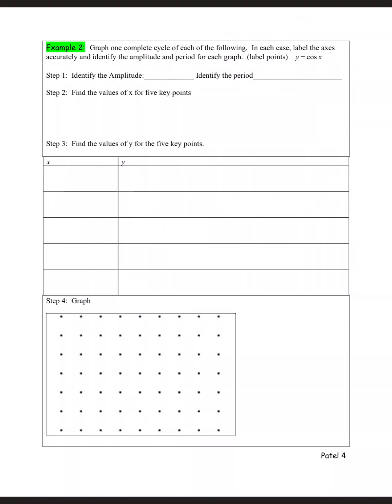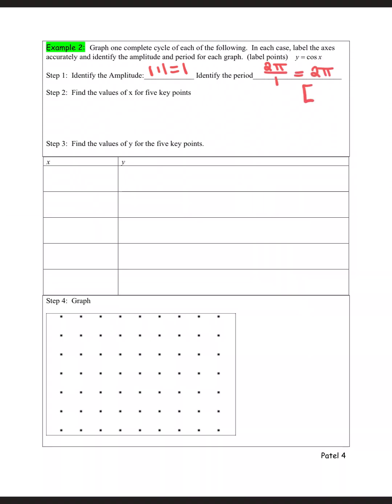Graph y equals cosine of x. We're going to identify the amplitude. Notice the number in front of cosine of x is understood to be 1. So the absolute value of 1 is 1. That tells me that the max is 1 and the min is negative 1. The period is 2 pi over b, which is 1 in this case, so it's just 2 pi.